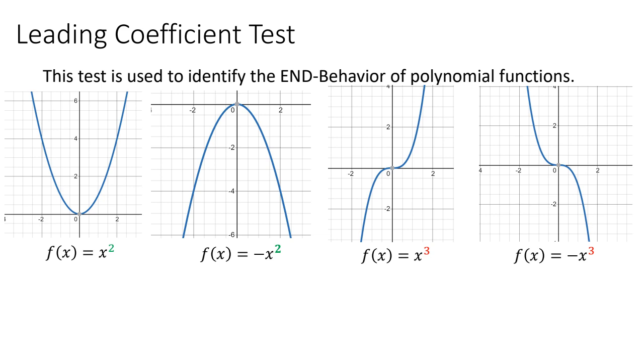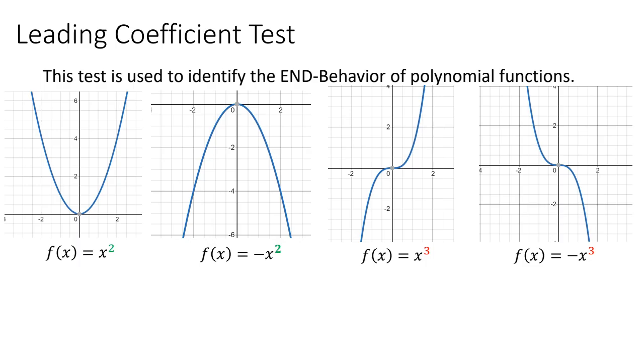And what I tell my students is this. The first thing that we need to do, and just to review polynomials, is that the highest exponent that a function or polynomial has is called the degree of the polynomial. Okay, so again, the highest exponent number is the degree of the polynomial.